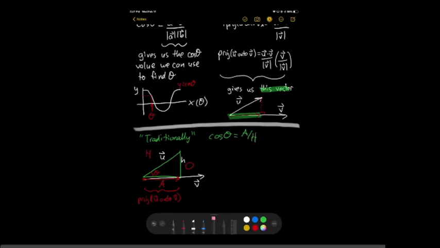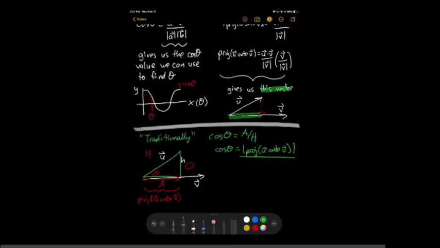All right, what do we know about cosine theta? It's equal to a over h in this specific case. Cosine theta is a over h. And what do we know about the value of a? Well, it's the magnitude of the projection of u onto v. And what do we know about my hypotenuse?